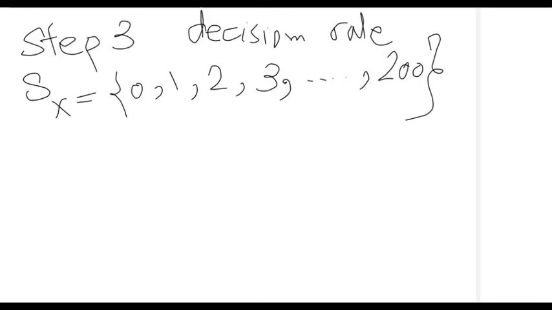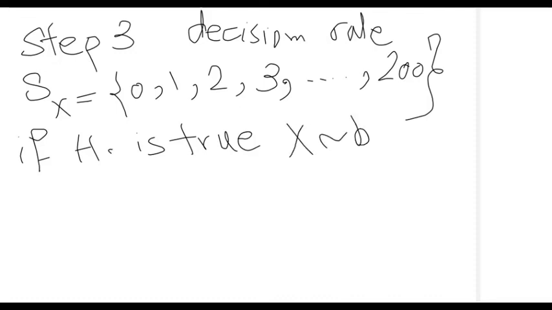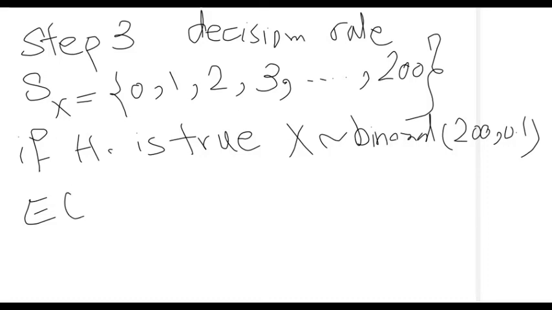If H0 is true, the number of defective boards X has a binomial distribution with parameters 200 and 0.1. So the expectation of X is 20.